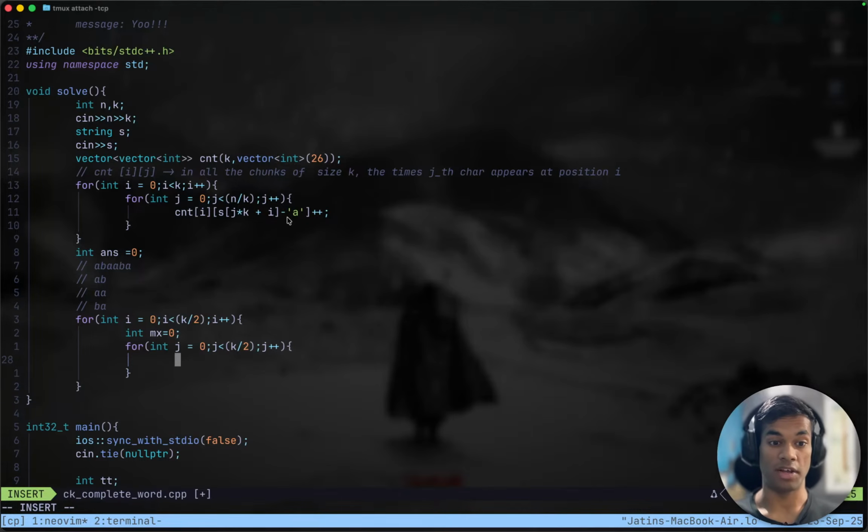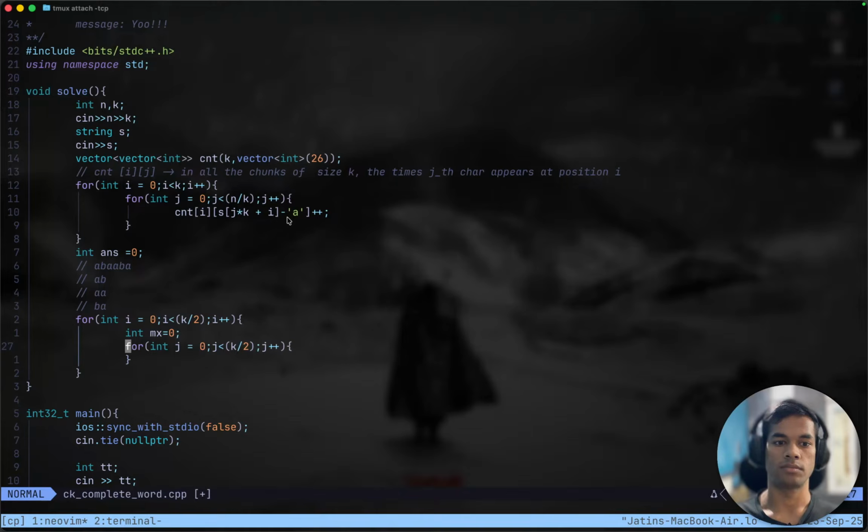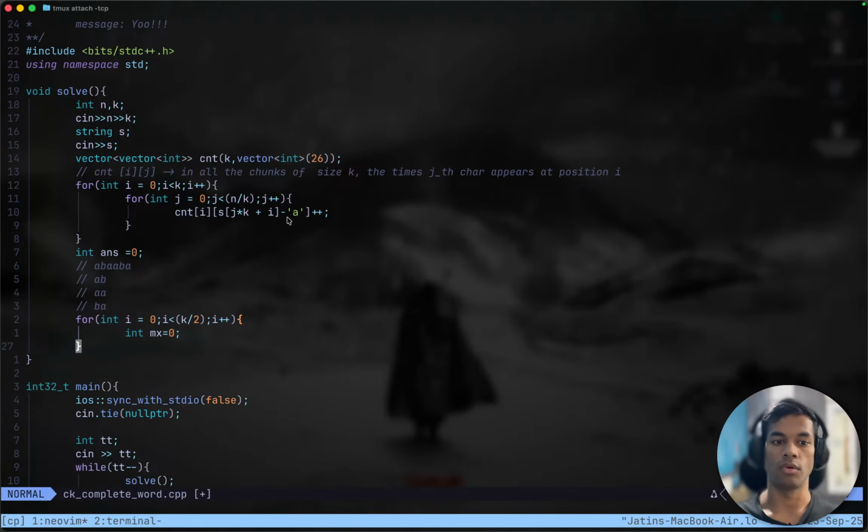And not just that, because there are multiple characters right here, so we need another for loop somehow. No, I messed up.